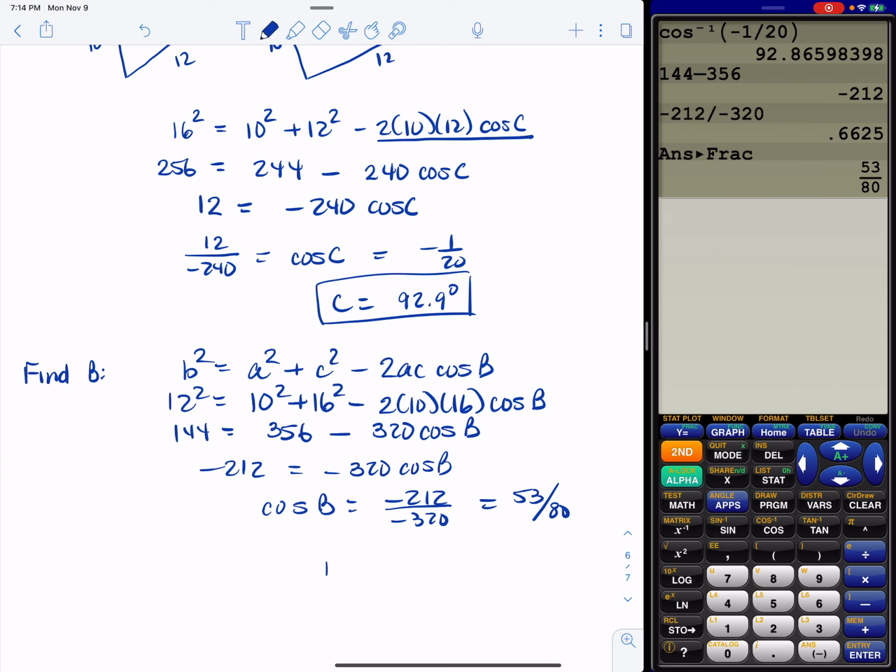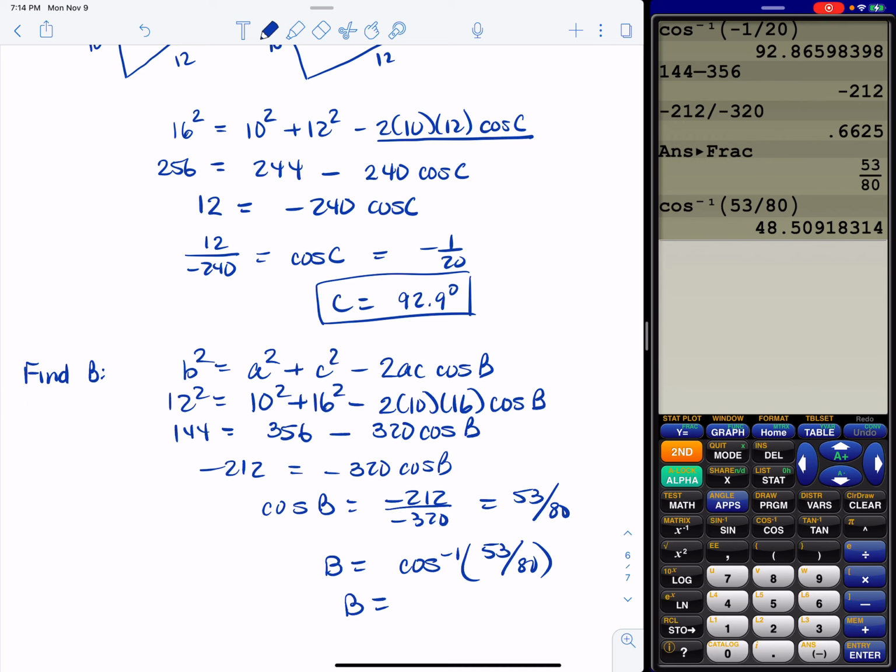Certainly makes finding the angle a little easier when we have a nice number like that. We know we want to take the inverse cosine of 53 over 80. And b is approximately equal to inverse cosine of 53 over 80, boom, 48.5 degrees.